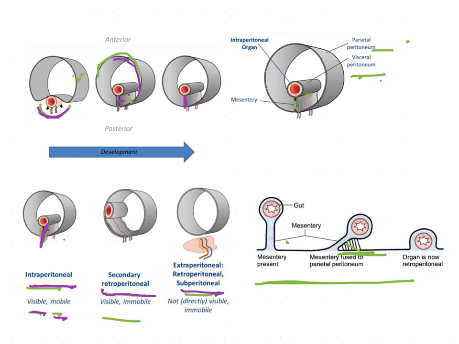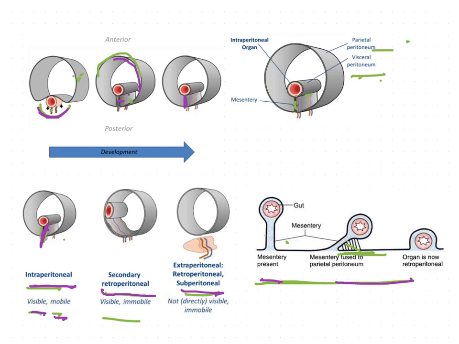Now, some organs directly rest on the posterior abdominal wall, and these may be covered by the peritoneum on one side. Such organs are said to be retroperitoneal. Some organs are suspended by peritoneal folds in embryonic life, but they become retroperitoneal in this manner.